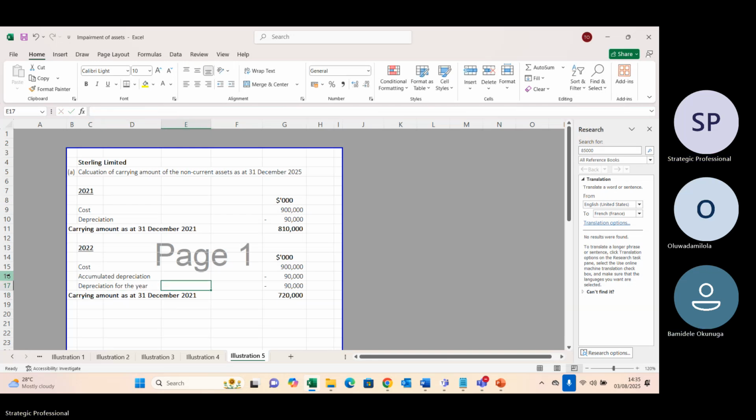Yes. So carrying amount as at December 2022 will be 720,000. Do you understand what I did here?